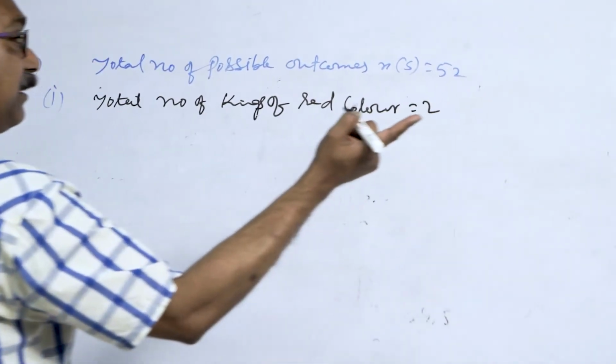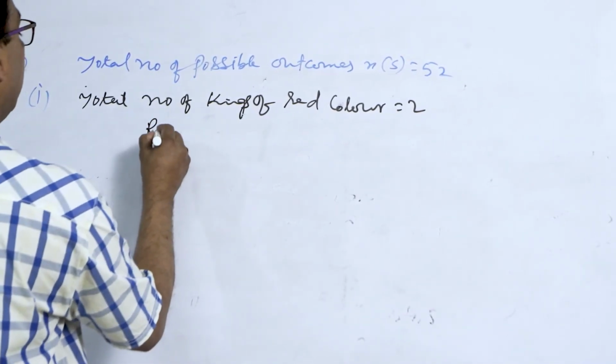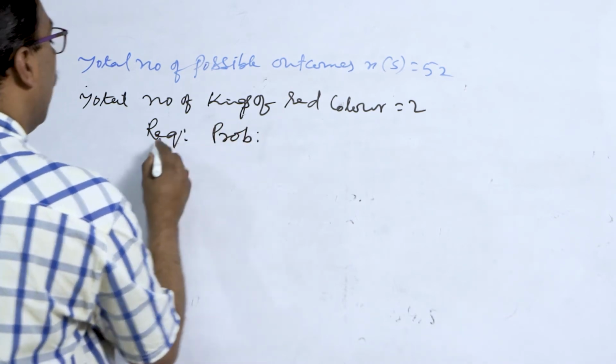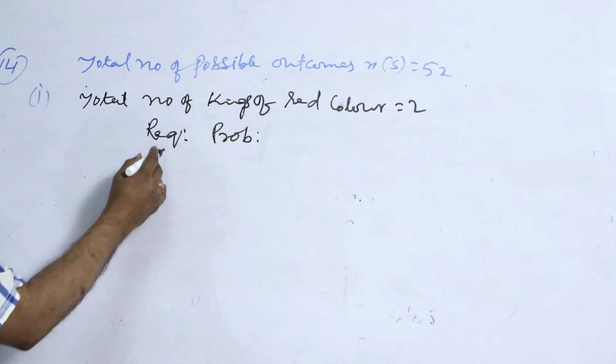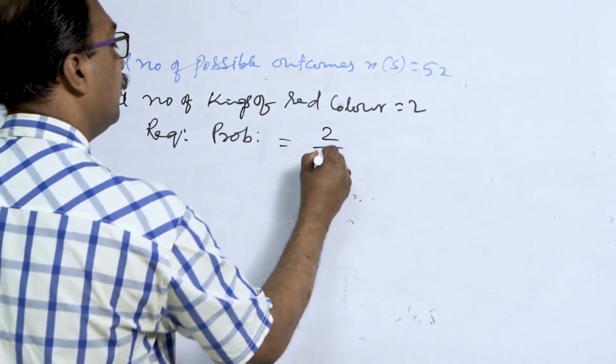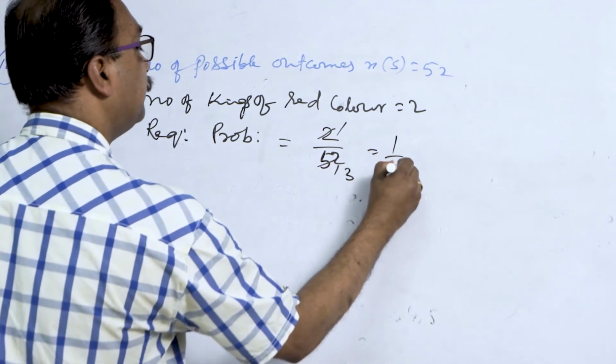One for diamond, one for hearts. So the required probability, short form REQ, on that event is 2 by 52. So you cancel it, 1 by 13.